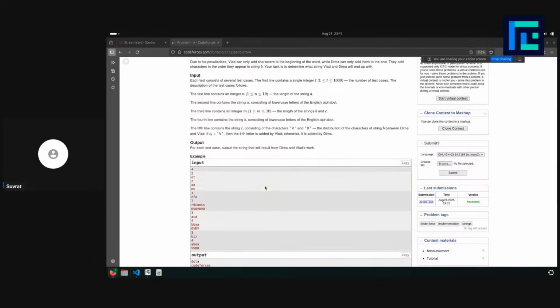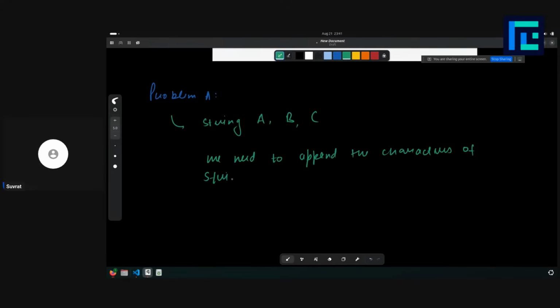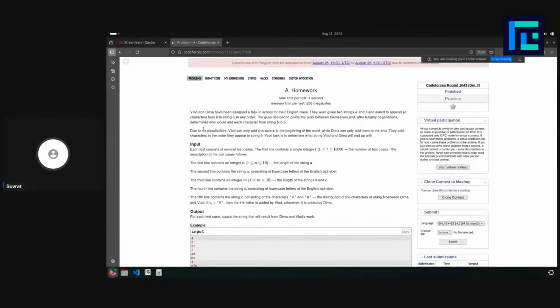So basically, in problem A, we are given three strings, A, B, and C, and we need to append the characters of string B to string A. Vlad can add characters to the beginning of the word while Dima can add them to the end.